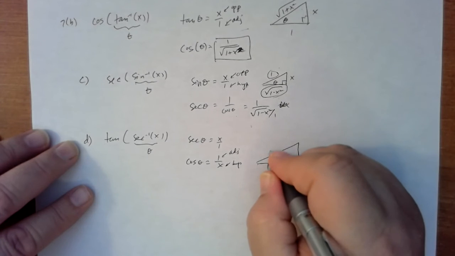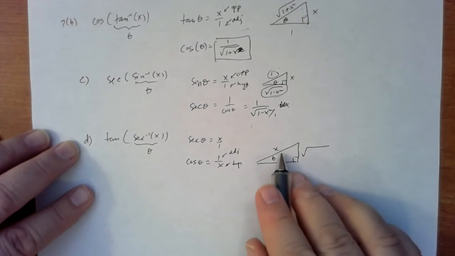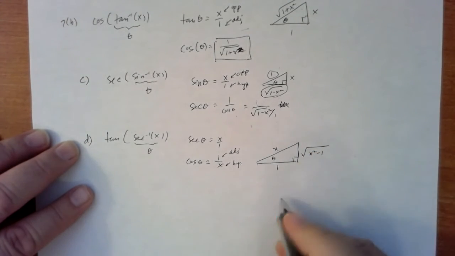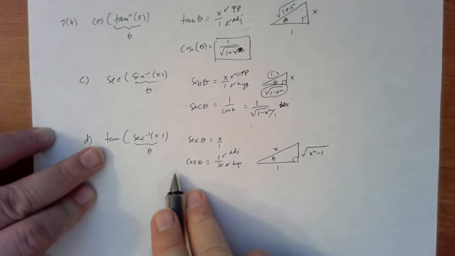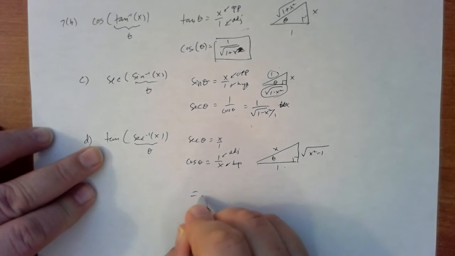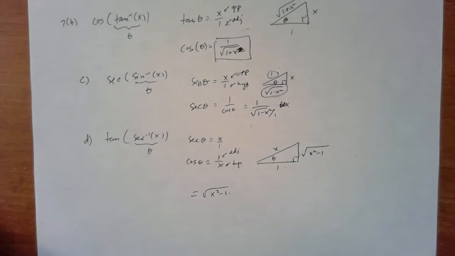Adjacent, hypotenuse. So that one's going to be what? The square root of x squared minus 1. Good. And so we want the tangent of that, which is opposite over adjacent. And so the answer is the square root of x squared minus 1. Good.